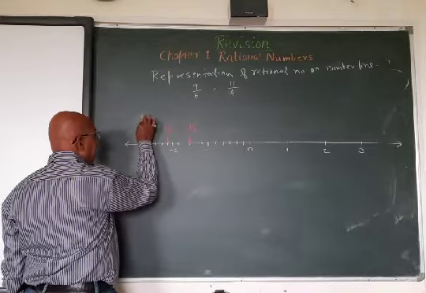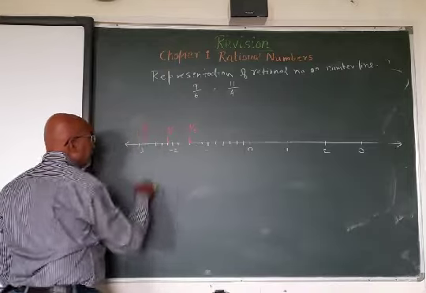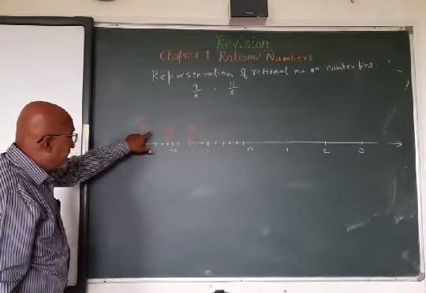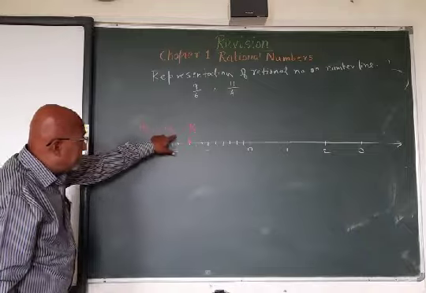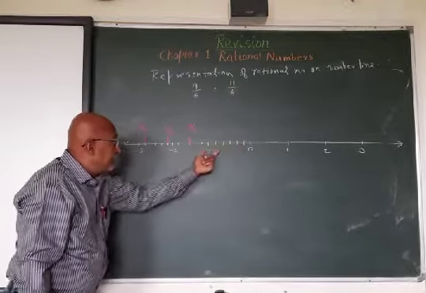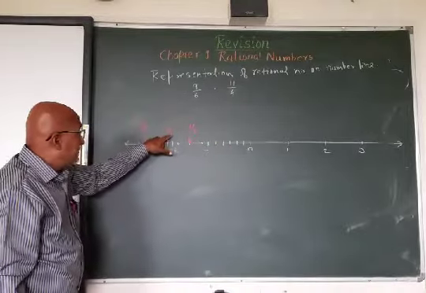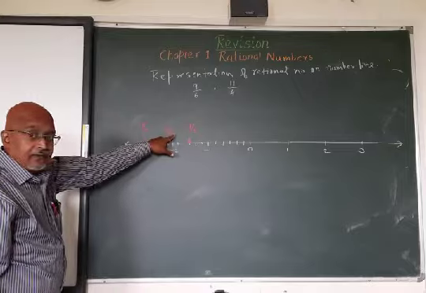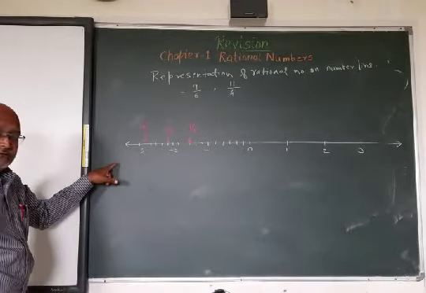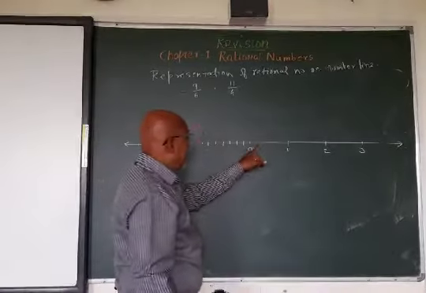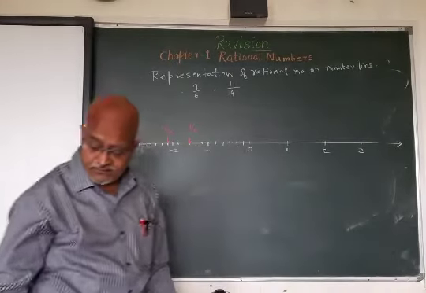This is minus 17 upon 6. You can see the common thing: the denominator is 6, because we have divided each unit in 6 equal parts. So any number whose denominator is 6 can be represented this way. Now we will go for another side.